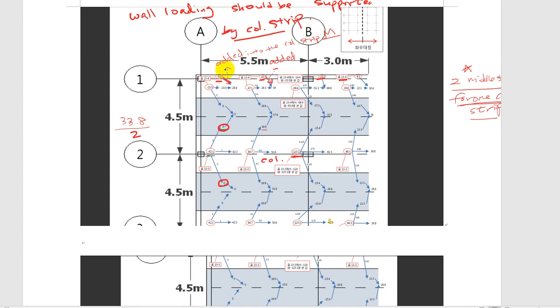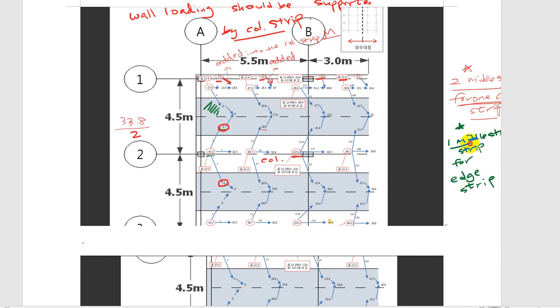So we don't have middle strip over there. We only have one middle strip. We have here again one middle strip for edge strip.